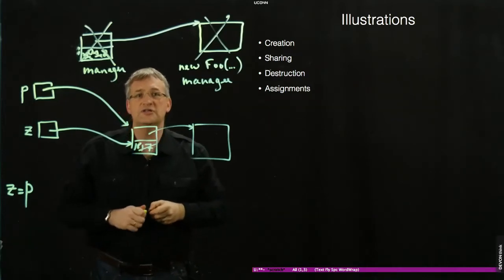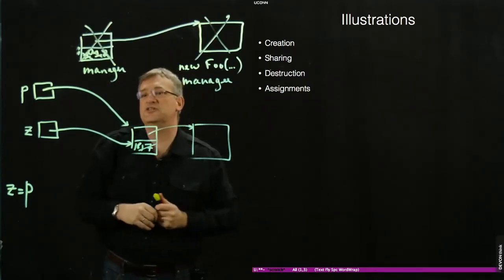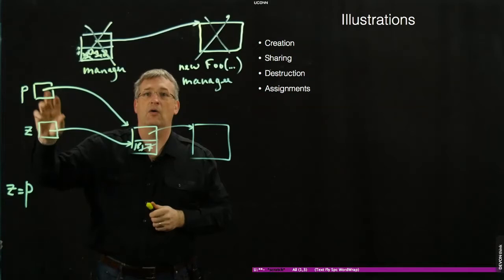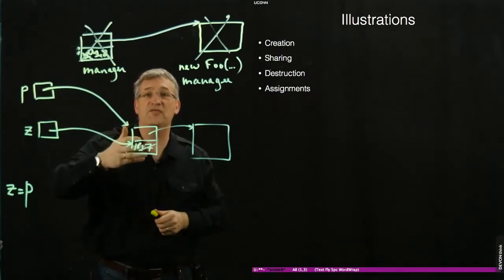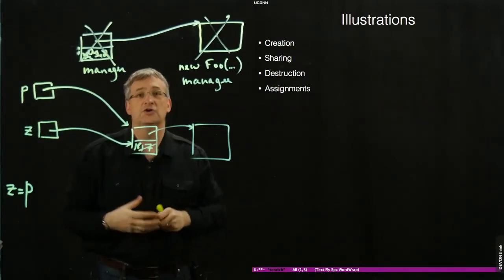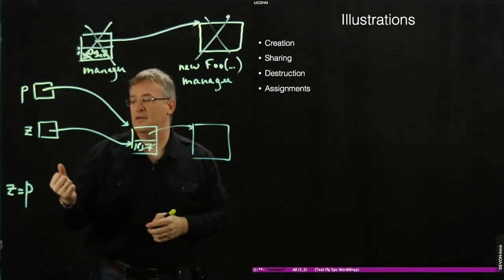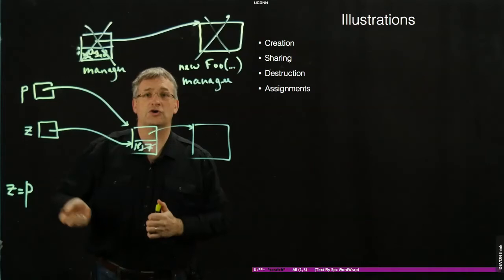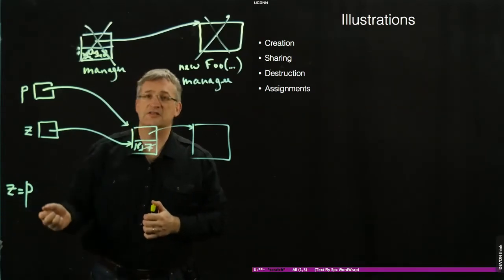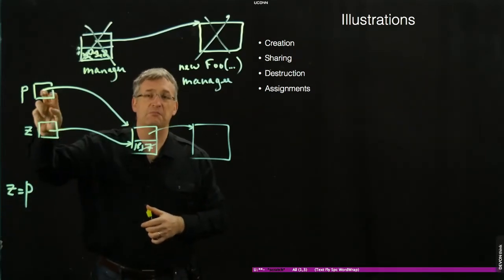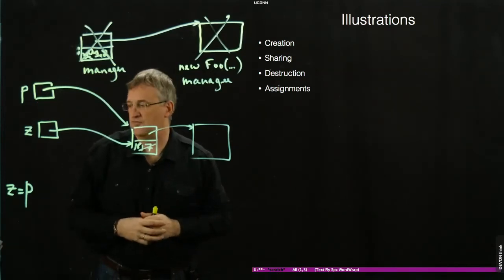So we lose the existence of that as a result of transferring ownership and making P refer to another shared object. So assignments are the ways to actually pass along and share ownership with somebody else. As a result of these assignments, some object may lose their last reference to something.